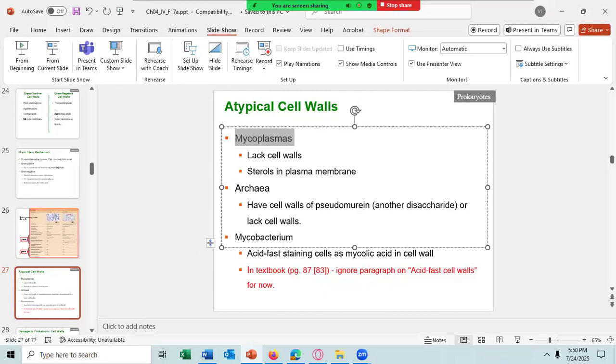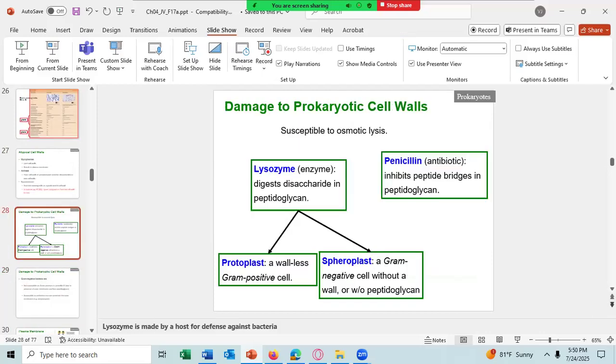All right. You can damage the prokaryote cell wall. You don't need to know the names of the cells once you damage them, but you could damage the cell wall with penicillin, like penicillin G can damage the cell wall of a gram-positive cell, and then ampicillin can damage the cell wall of both gram-positive and gram-negative cells.